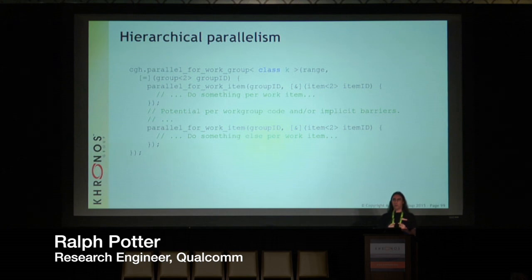And you can put code there, something that will be executed in a scalar fashion for a particular work group. Now, if you have multiple work groups, you'll get multiple executions, one for each work group. But for the particular work group, there's just a scalar execution there. And where the compiler identifies it needs it, it will insert barriers for you there so that you don't have to do it. And then you can move on, transition back to another per work item parallel block later on. So you can interleave multiple of these into a single parallel for work group.